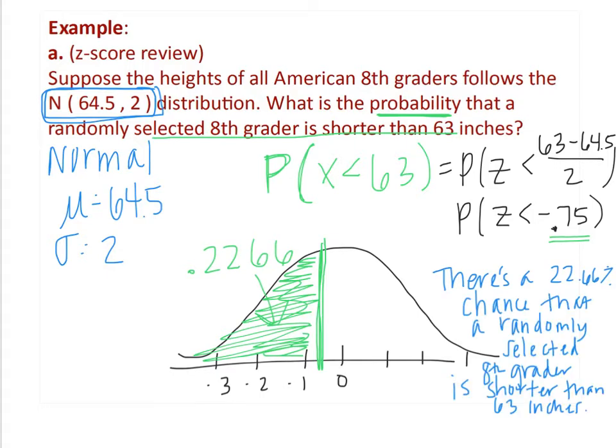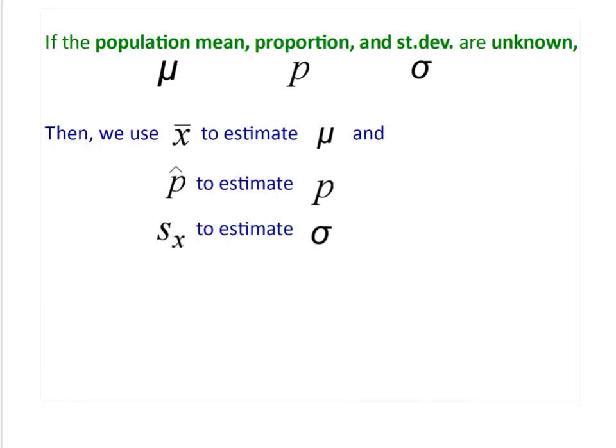So this was one sample, a sample of one student, and we looked at the probability x was less than 63. Well, what if I took a sample of students? What if instead of taking one 8th grader, I now take a bigger sample of 5 8th graders or 10 8th graders? That's what we're looking at today.